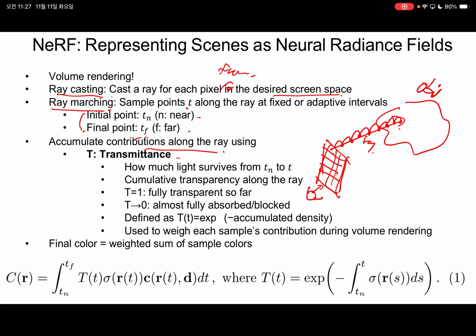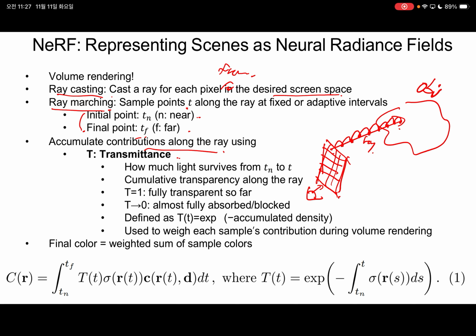But in empty space, when I shoot a ray, all the light survives. If there is smoke around here, then many lights will not survive, and many of the 3D surfaces might be occluded by this smoke. But in empty space, most of the light survives and intersects with the surface.